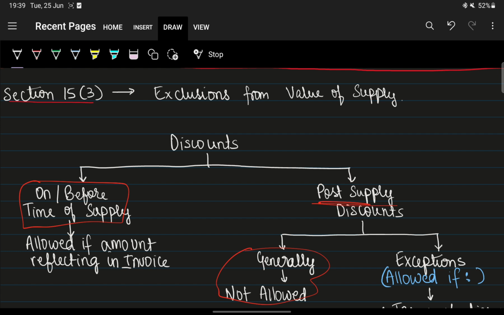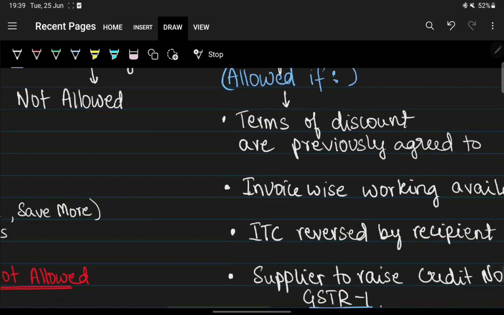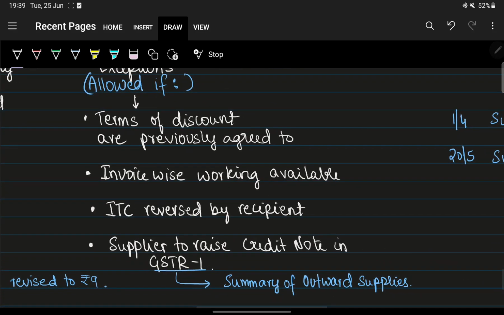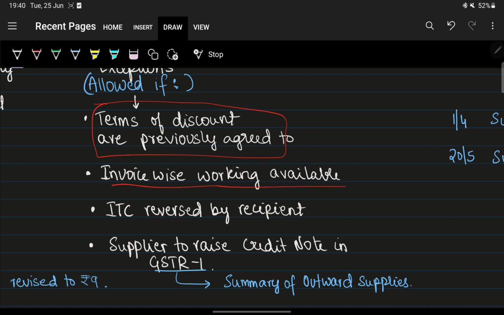There are certain exceptions to that also. What are the exceptions? The terms of the discount should be previously agreed to. Secondly, you must have an invoice-wise working, showing which invoice the discount relates to. I've already prepared an example for that.